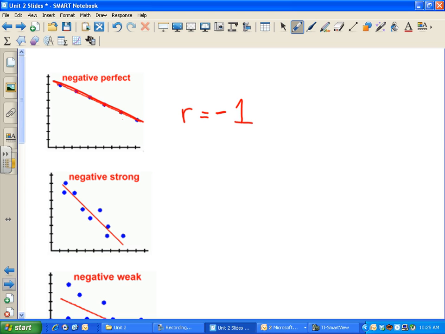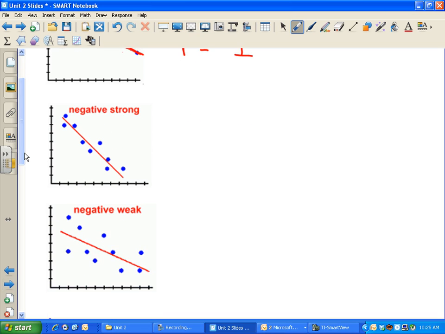So when something makes a perfect straight line, it gets a correlation of 1. The positive and negative signs just tell us the direction. Correlations that are strong, see how these dots are really bunched together? We might get something like maybe 0.8. Really close to 1, but not quite there. Again, notice the negative sign because we're in the negative direction.